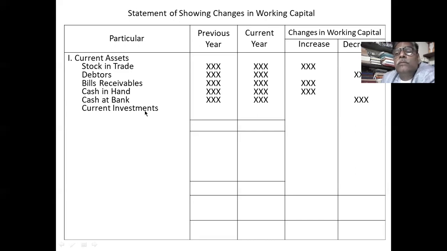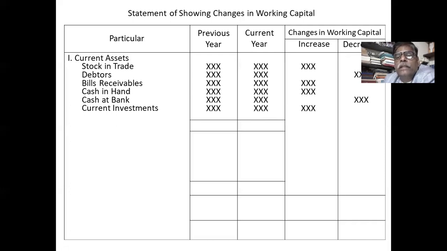Then current investment, or trade investments. Current investment or trade investment is considered as a current asset. You take the amount, previous year, current year. The difference you write in the increase or decrease column. If there is an increase in the current year, you write in the increase column. If there is a decrease, write in the decrease column.